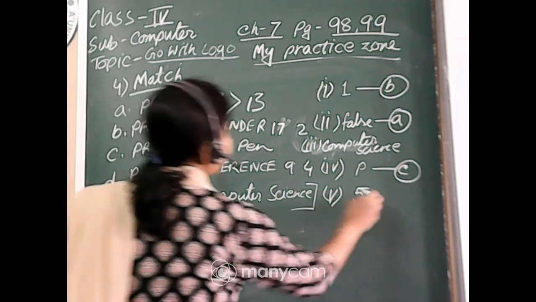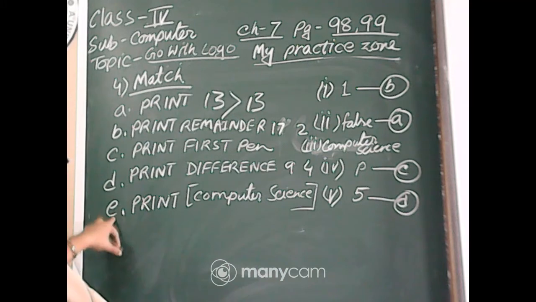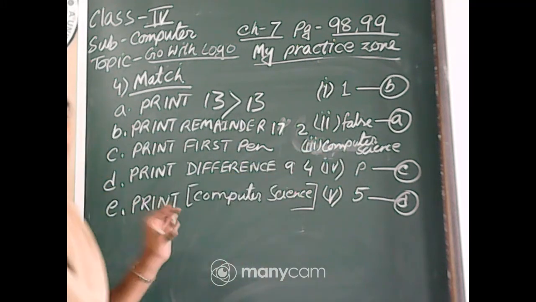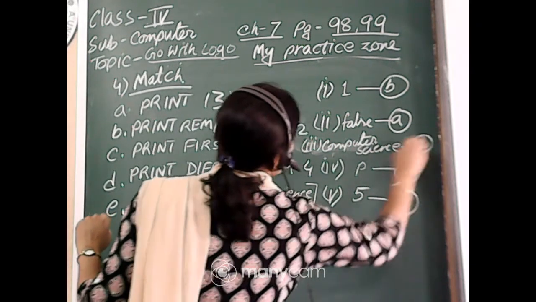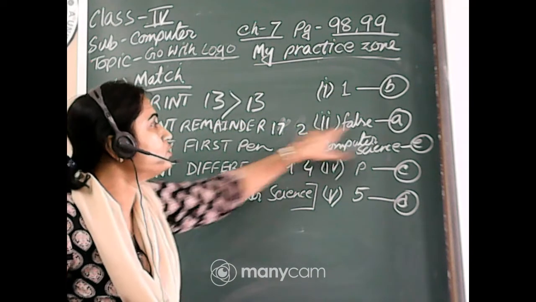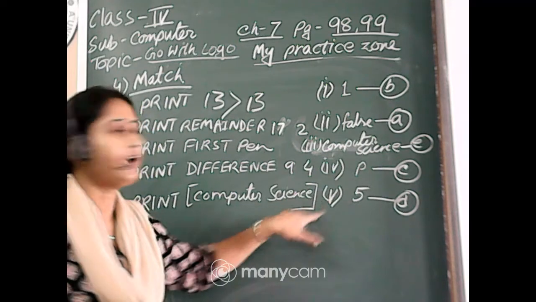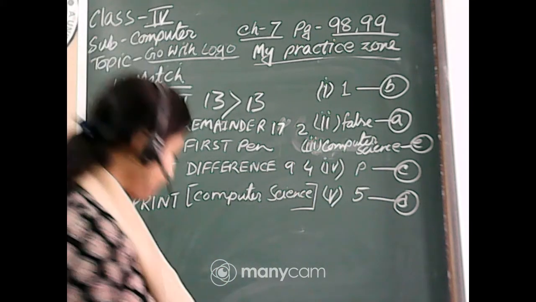So 5 D. And print computer science: only the words computer science will print. So 3 E. So 1 B, 2 A, 3 E, 4 C, 5 D. Okay, done everyone? I hope you completed.